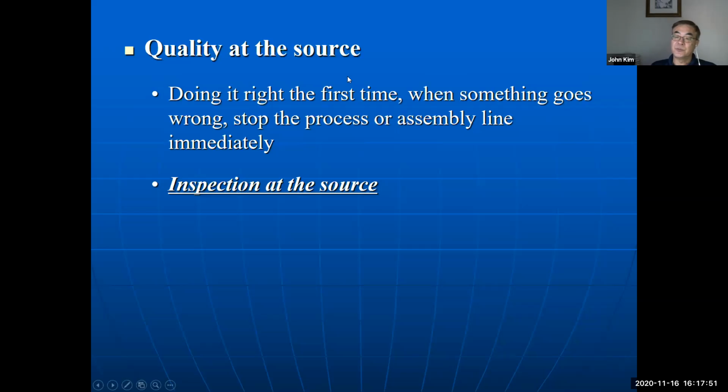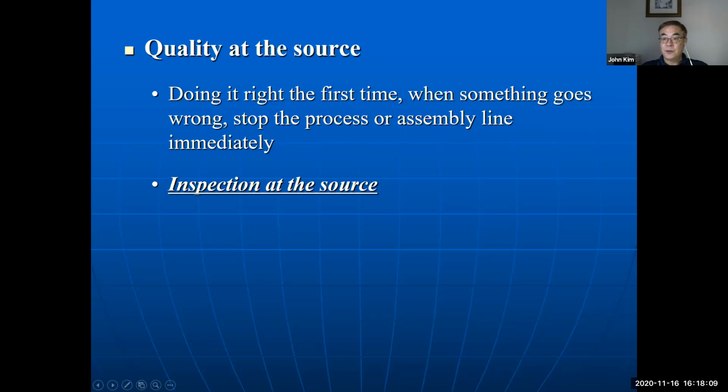Quality at the source. Definition, doing it right the first time. When something goes wrong, stop the process or assembly line immediately.